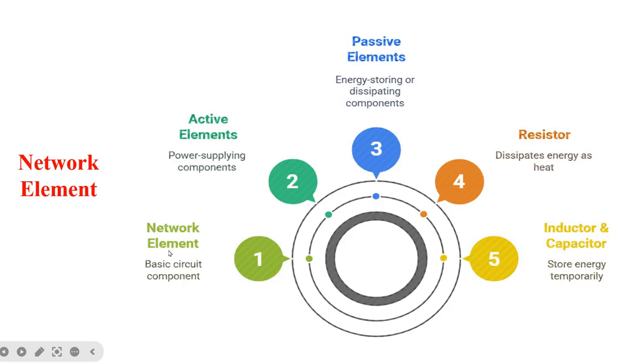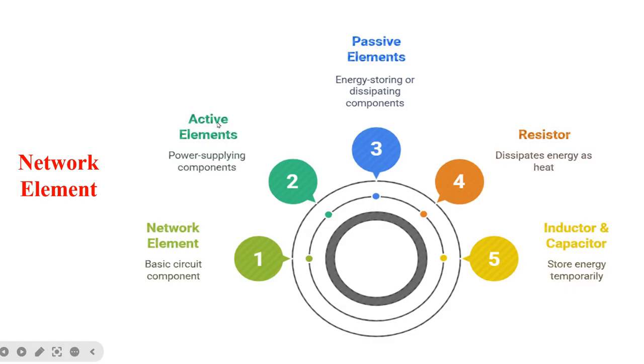Network element is any circuit element. We'll take any single circuit element. It may be either resistor, capacitor, inductor, or any sources, that is the current source and the voltage source, that should have two terminals and that can be connected to other circuit element, then that is called a network element.